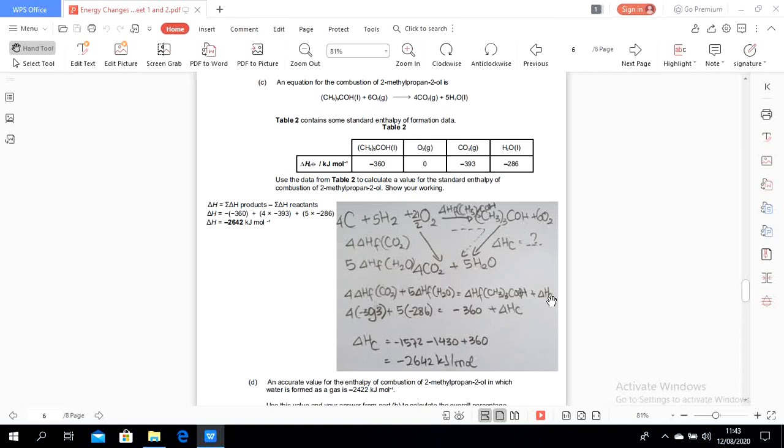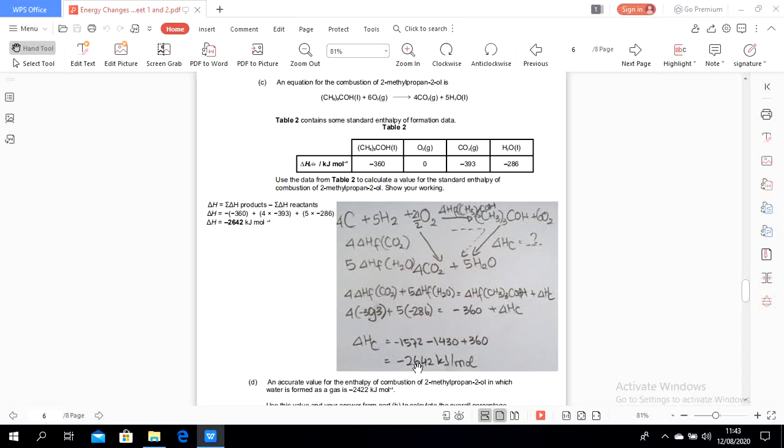The important part is the cycle. We have to know the concept of direct and indirect routes, and also the concepts of enthalpy change of formation, enthalpy change of combustion, and enthalpy change of reaction. After we establish it and make the formula, direct route equals indirect route, we substitute all the values and calculate using simple algebra.